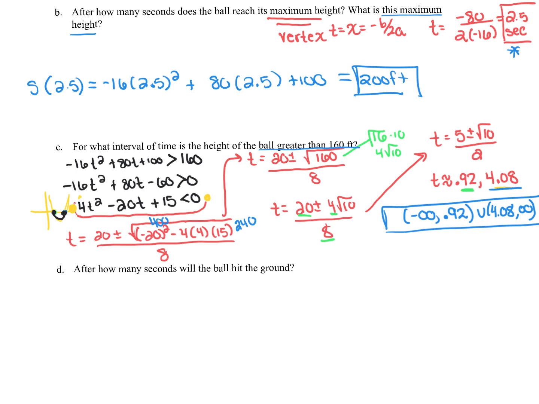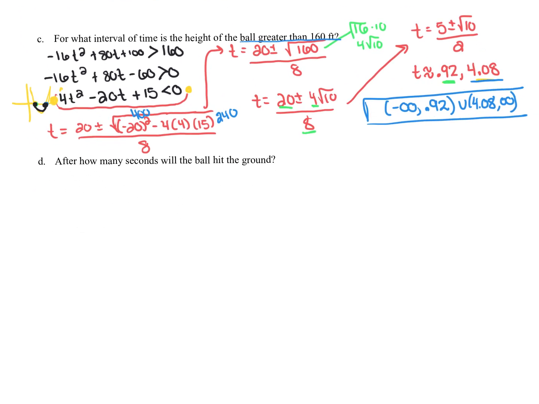And then the last question says, after how many seconds will the ball hit the ground? Well, the ground's height is 0. So we're going to let S of t be 0. So 0 equals negative 16t squared plus 80t plus 100.